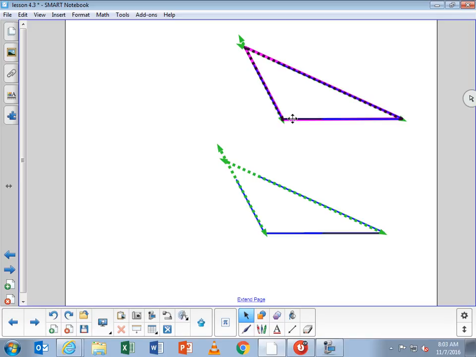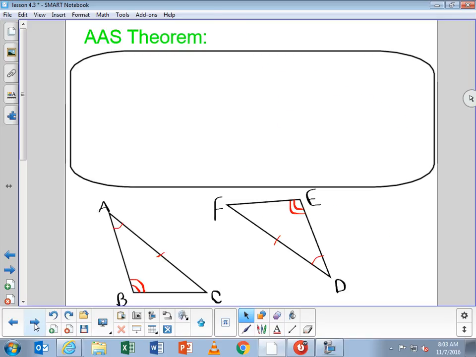I'm not so concerned that you have the ability to do the construction, I just want you to see that given those three facts, two angles and the side between them, is enough information to prove these triangles have to be exactly the same when I build them with equal parts. All right, let's move on to what you do have on your paper.